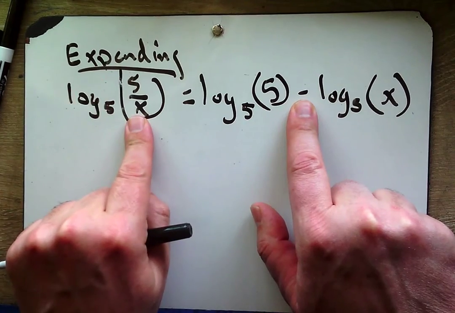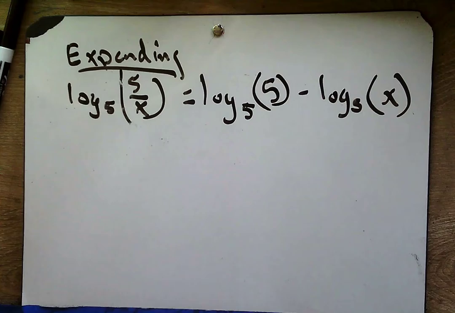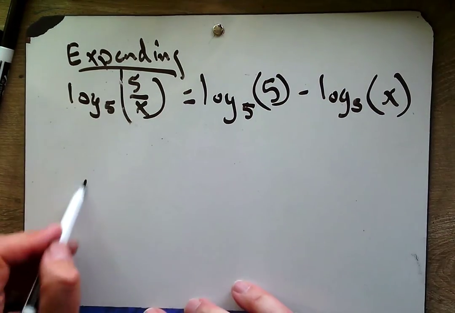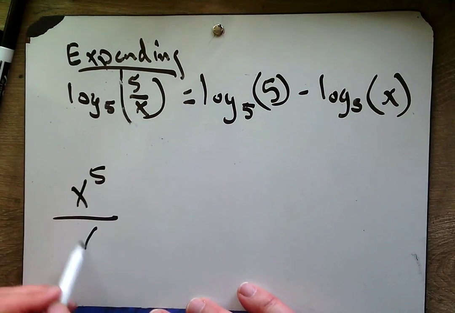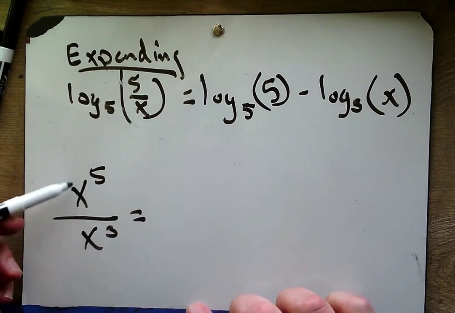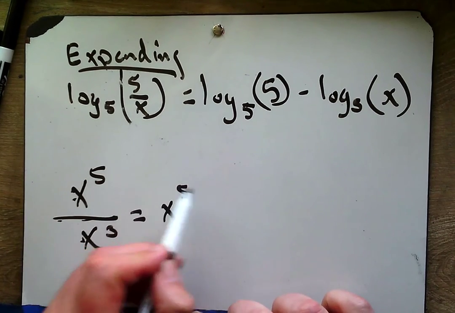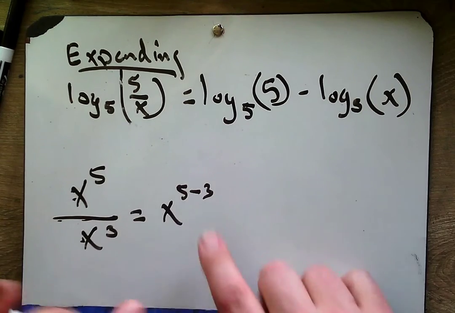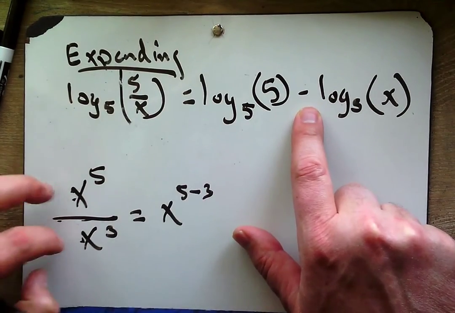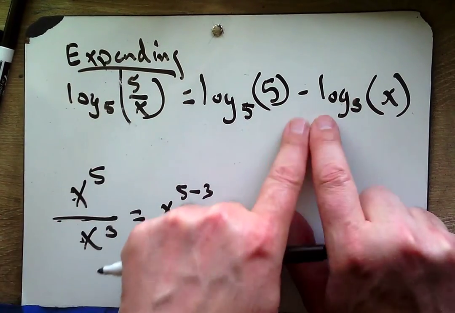I see division in 1 log, I get subtraction between the 2 logs. And this goes back to that pre-algebra rule we talked about, x to the 5th over x to the 3rd, where the bases are the same and we're dividing, so x to the 5 minus 3. That's subtraction. I'm dividing, I subtract.